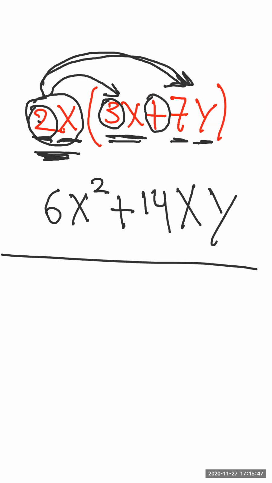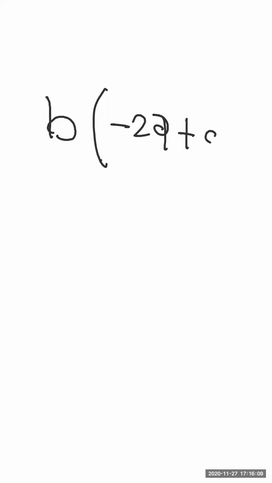Are we clear? Yes, Mister. Can you repeat it again, one more example, so that we can understand it well? I will multiply b times negative 2a plus a squared b.